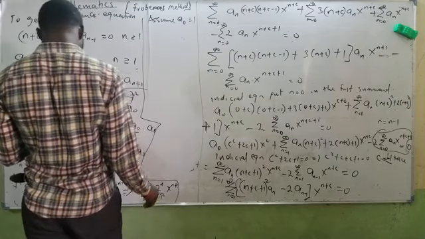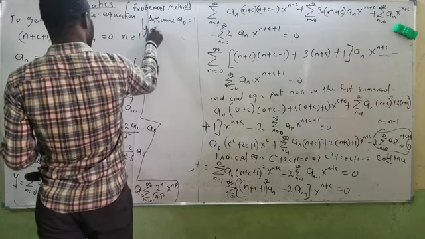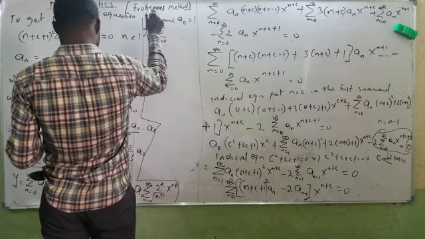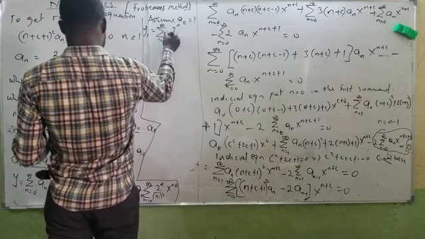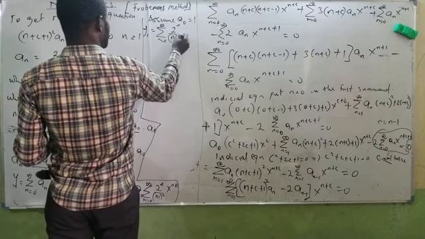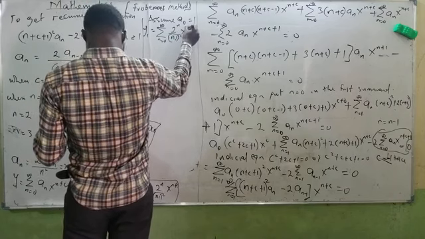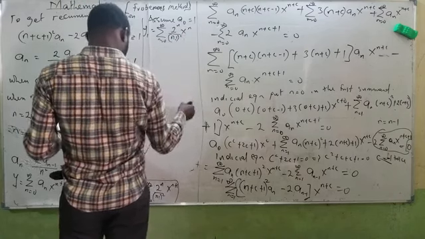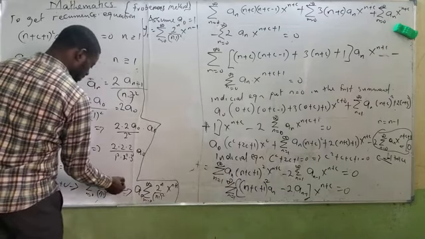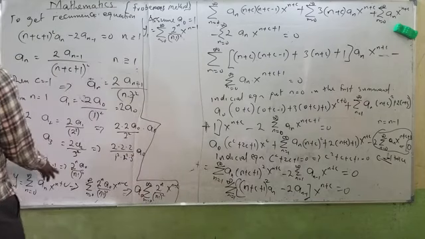It means I'll have y1 equal to the summation of n from 0 to infinity of 2 to the n divided by n factorial squared, s to the n minus 1, because my c equals minus 1 from the statement.